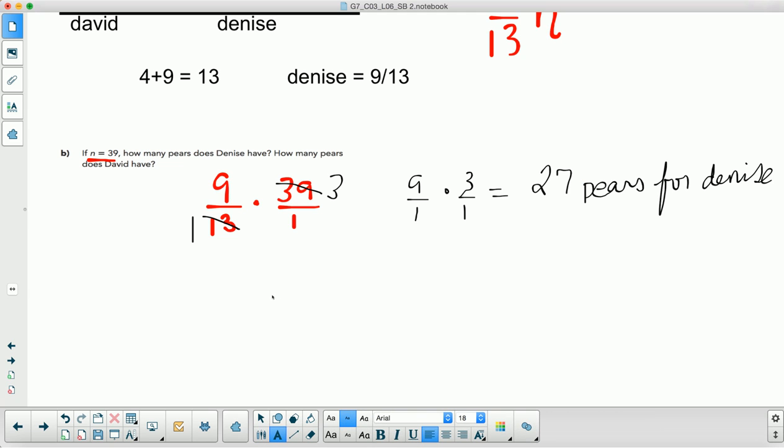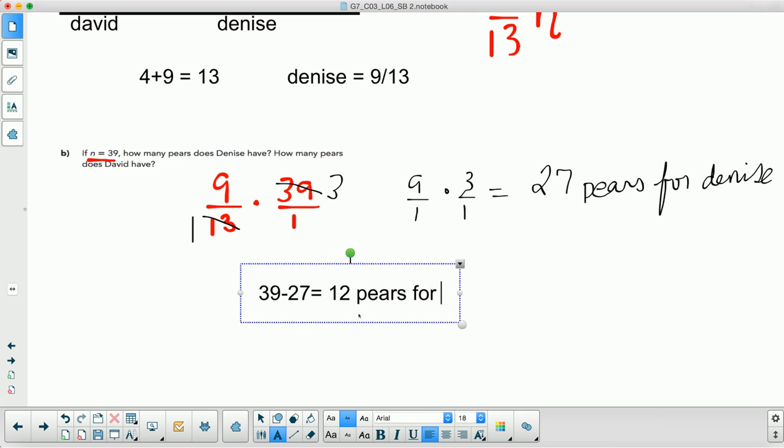So we could say, okay, 39, which is our whole, minus 27, which went to Denise, equals what? And that is 12. So 12 pairs for David.